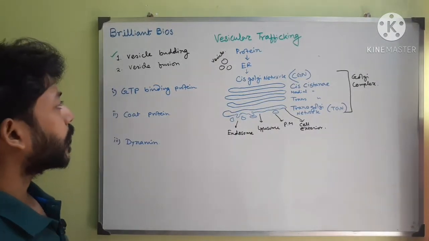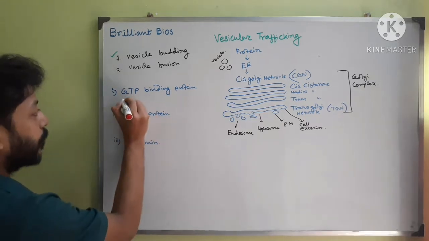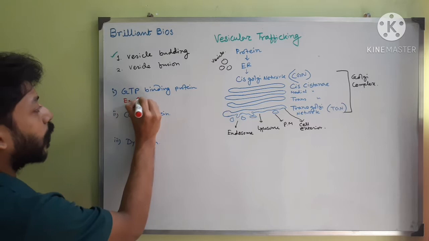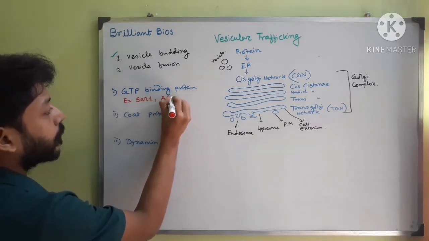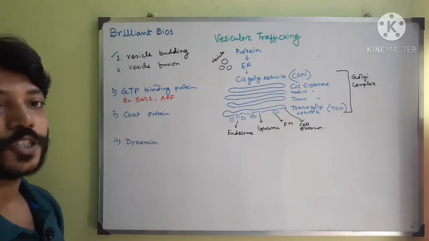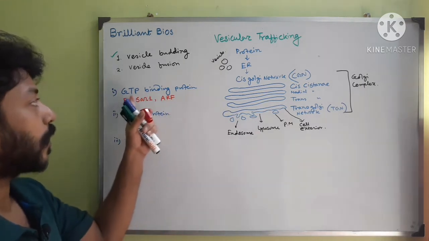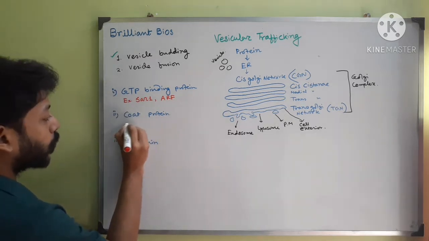Now, in case of GTP binding protein, there are two types of protein. Examples: one is called SAR1 and another is called ARF. These two are the examples for GTP binding protein, and I will discuss how this GTP binding protein helps in the budding. The next is coat proteins.